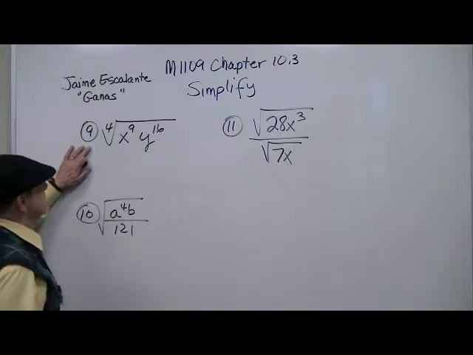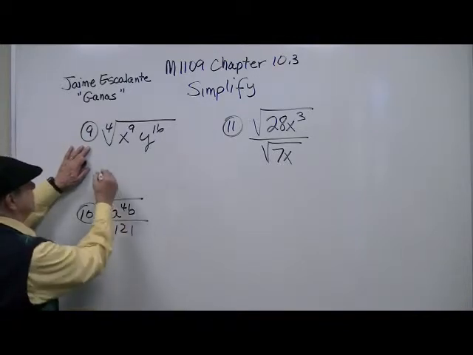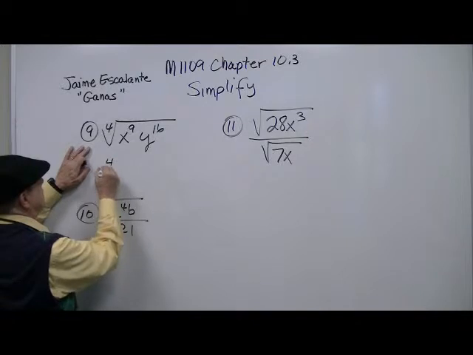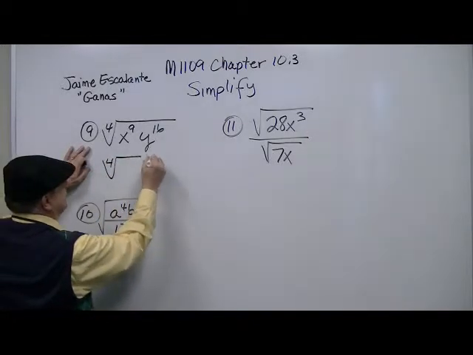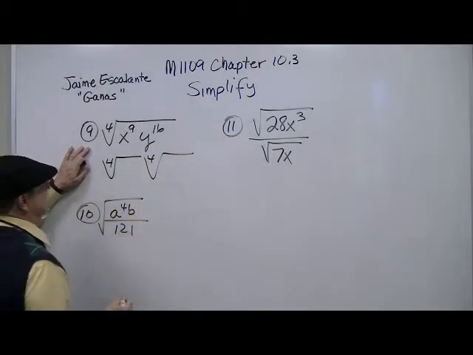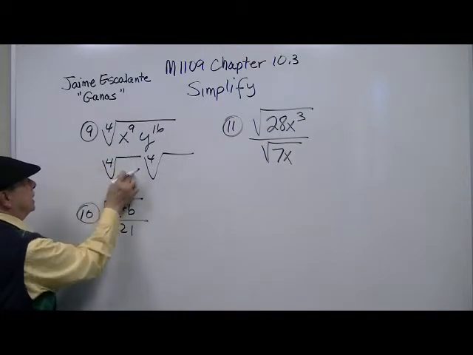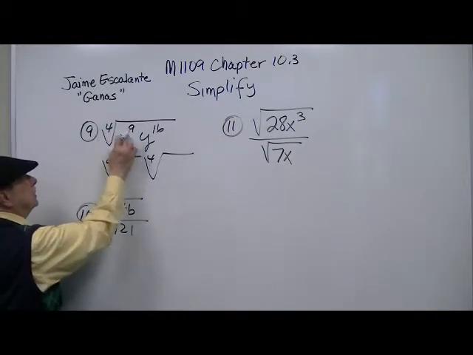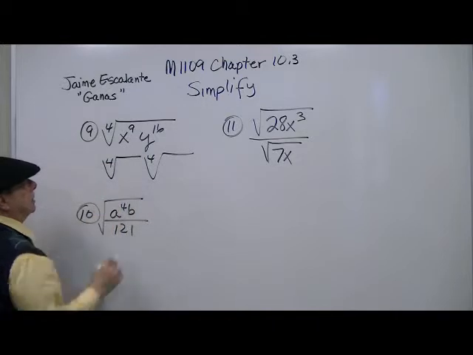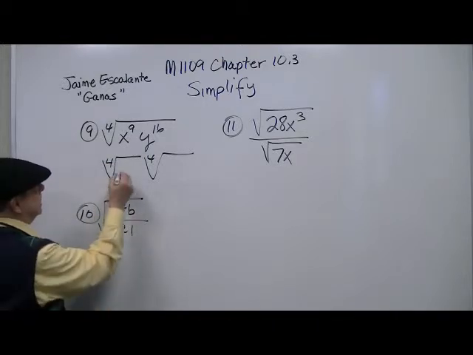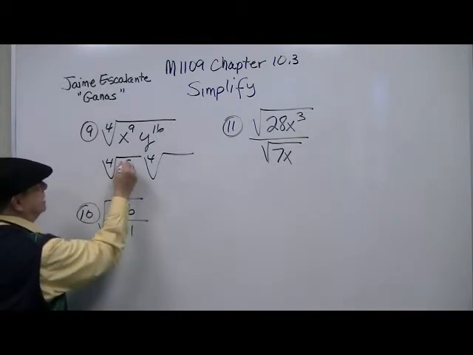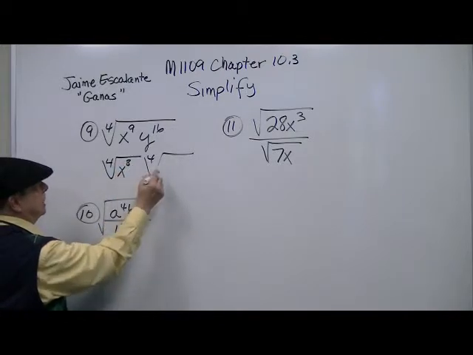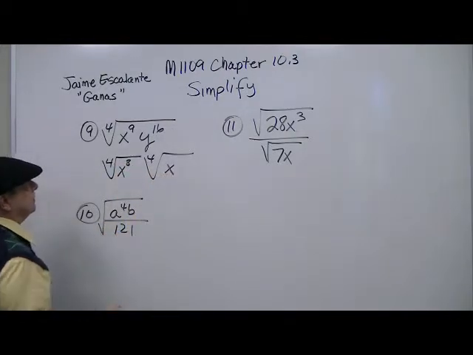Okay, continuing, we want to set up 2 sets of radical signs. And under one radical sign, we're going to put all the perfect fourths there are as a factor. So this will be x to the 8th is a perfect fourth, and we have an x left over.